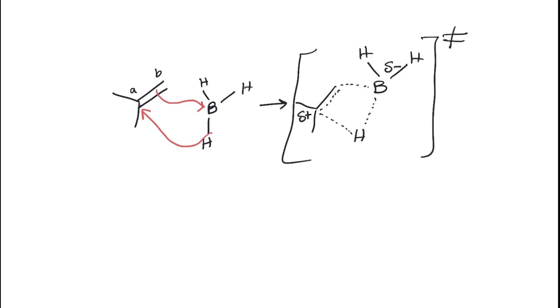And this sign over here is called a double dagger, and we use it for the transition state of reactions. Did you draw it?